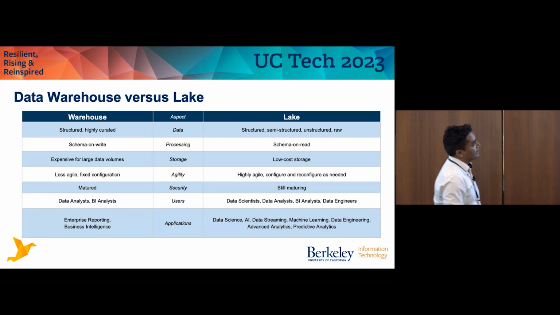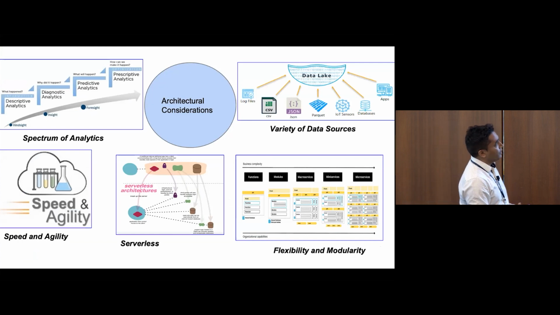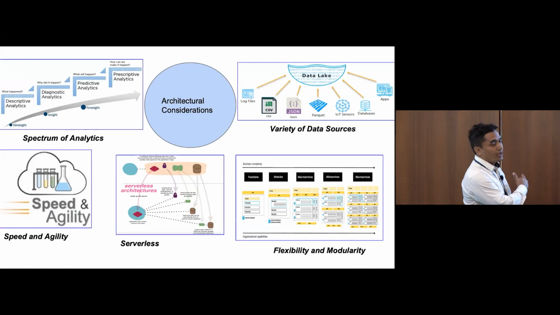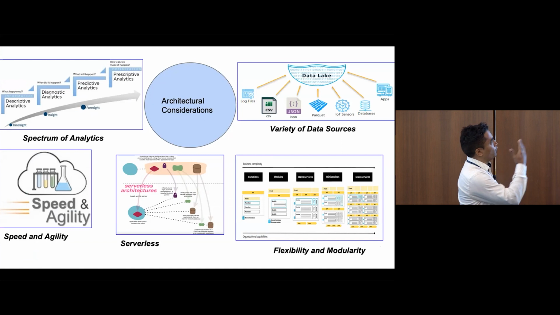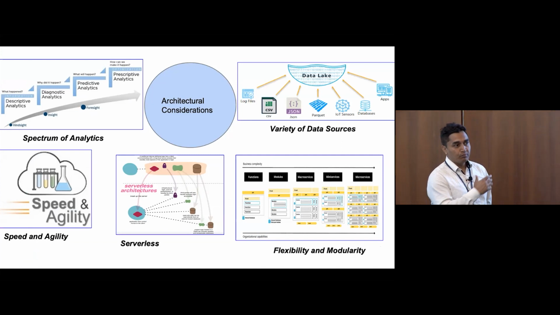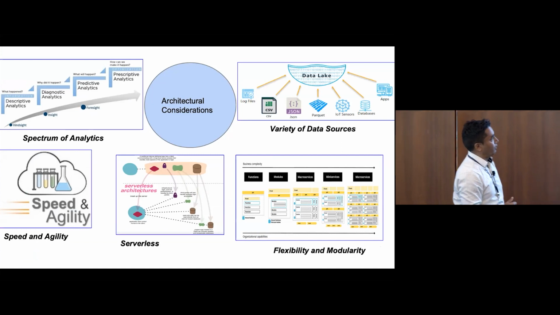Danny, can you move to the next slide? So some of the architectural considerations that we were thinking about at that time were that we wanted a broad spectrum of analytics, right from descriptive to prescriptive analytics. We also wanted a variety of data, the ability to get into all kinds of data, be it in any format, as you see on your right.